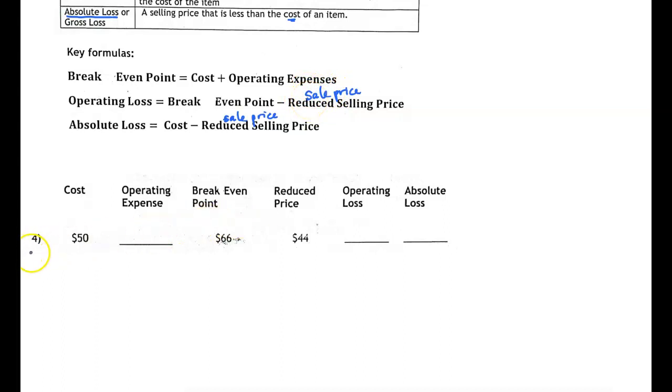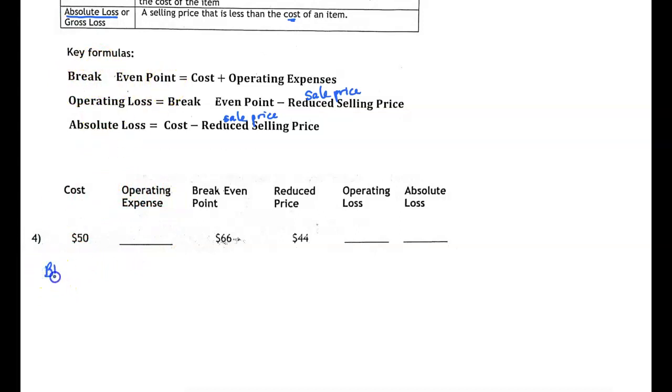Let's try question 4. The cost of the item is $50. As a reminder, cost means the cost to the store. So the store owner bought the item for $50. The break-even point is $66. To find the operating expenses, we would use that break-even point formula.